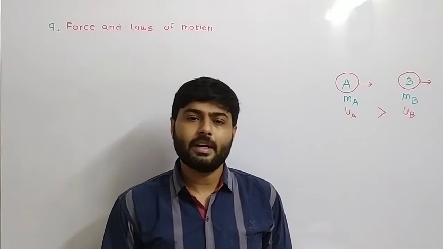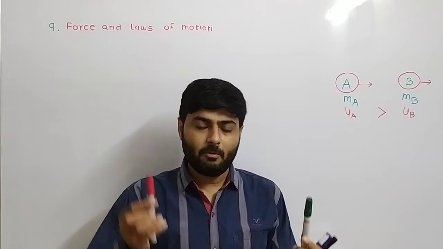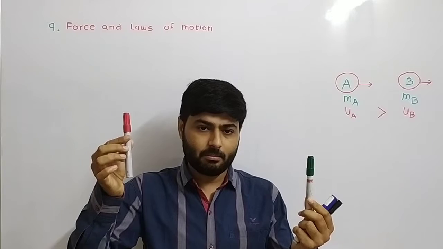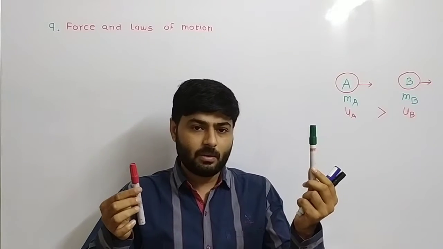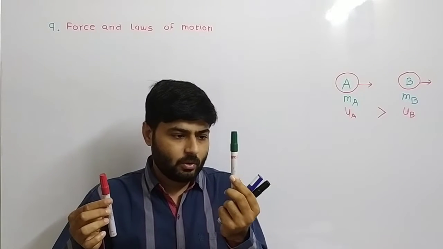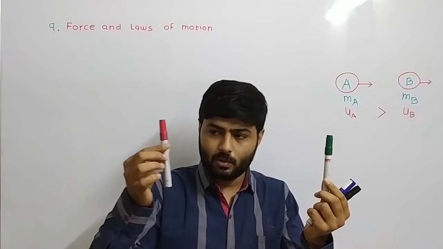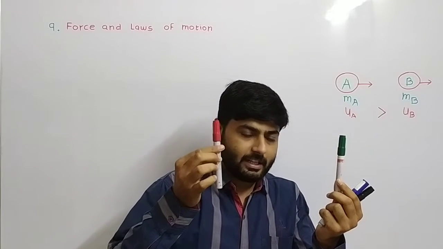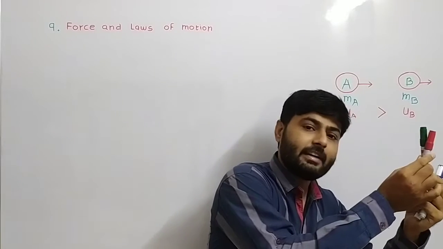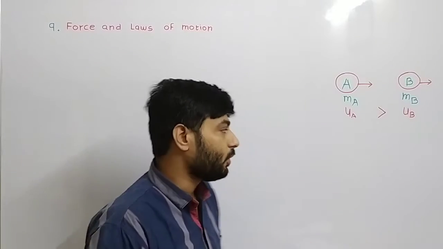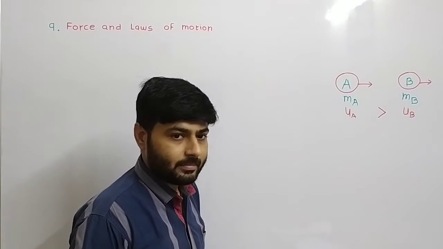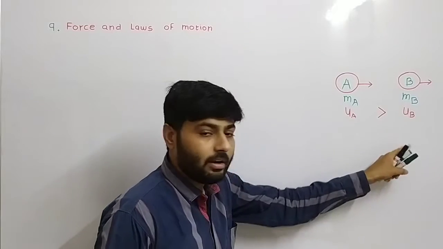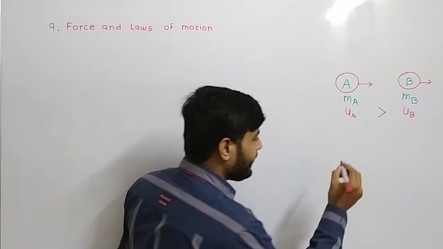And now you know what will happen when this object moves faster than this object. This object goes slowly, but this goes with higher speed, and what happened? It will collide. So at some point of time, these two balls will collide with each other.